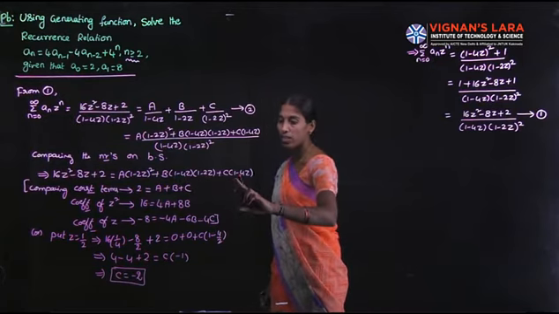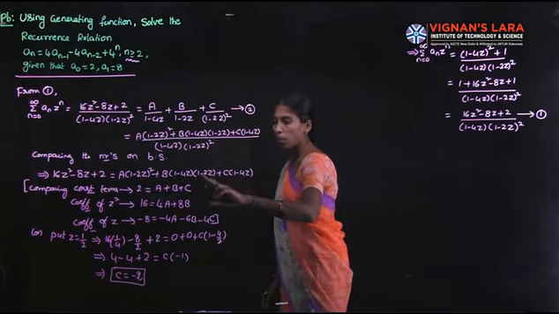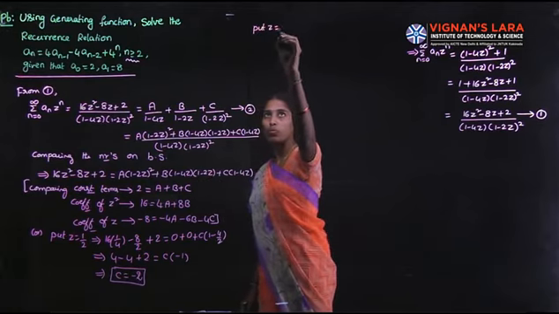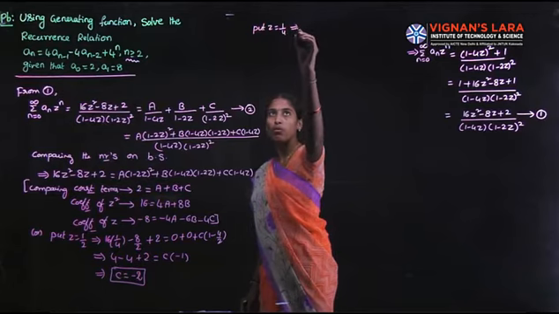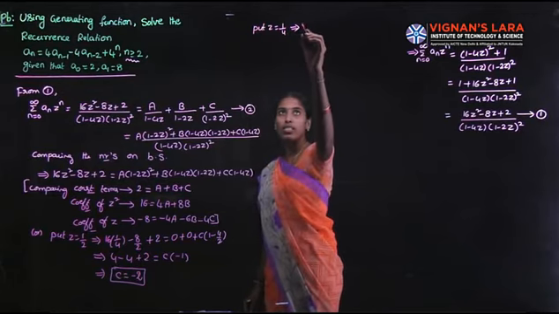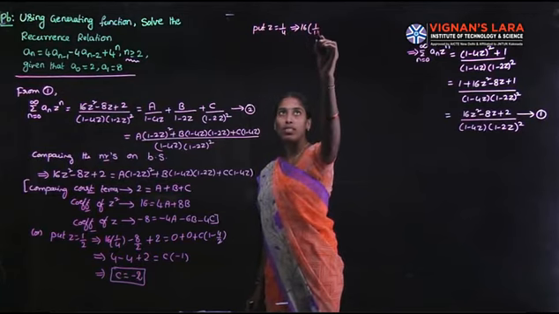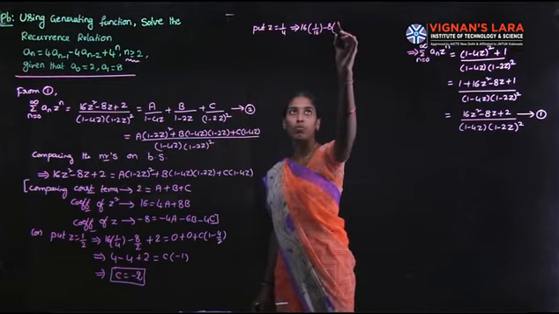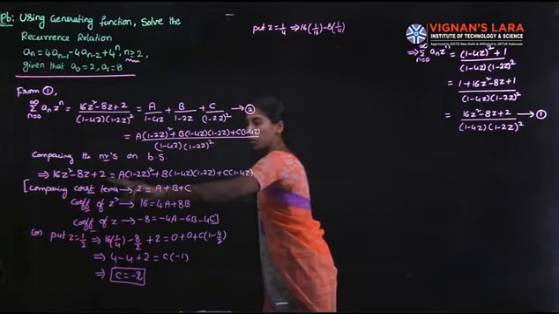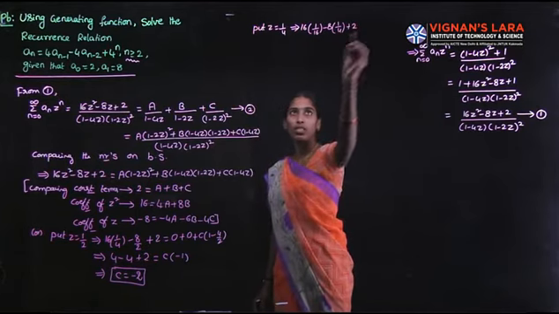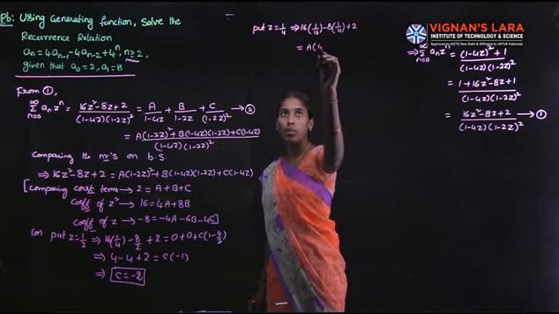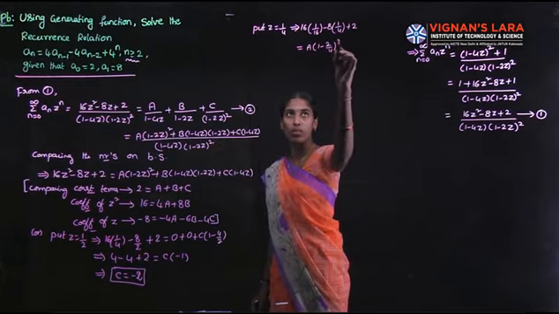Now, what about the other coefficient? Other factor is 1 minus 4z. So, put z is equal to 1 by 4 here. 16 into 1 by 16 minus 8 into 1 by 4 plus 2 is equal to RHS a into 1 minus 2 by 4 whole square.